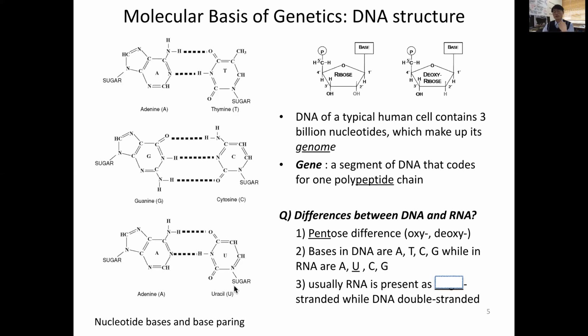And their physical properties can be very different. Usually RNA is present as 1 strand, so RNA is known to be very unstable, while DNA is usually double-stranded, so it's more stable and sticky.